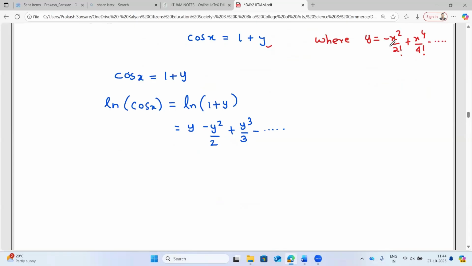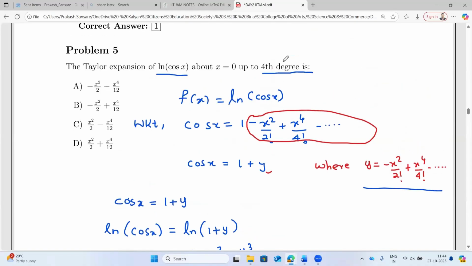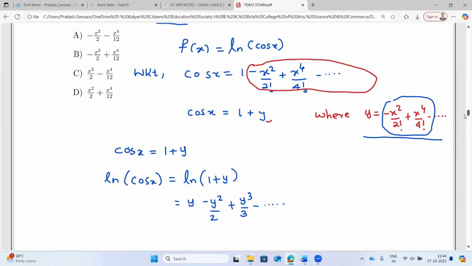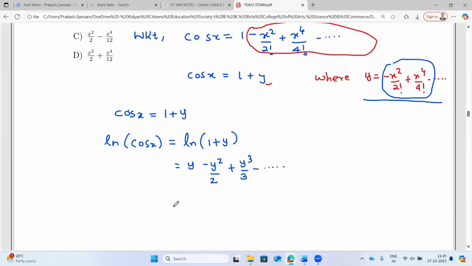Now what is y? y is this. And I'm interested up to 4 degrees. Yes, I said it is 4 degrees. So we will only consider the first two terms, because from the third term onward, they are all of degree 6 and onwards, so we are not interested in that. So here y is minus x squared by 2 factorial plus x raised to 4 upon 4 factorial.